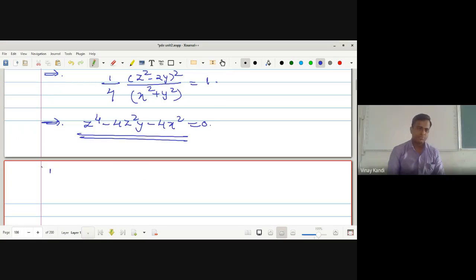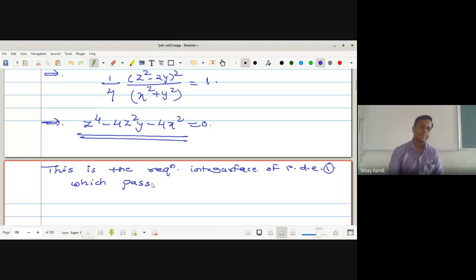Okay, so this is the required integral surface of partial differential equation 1, which passes through the given curve.